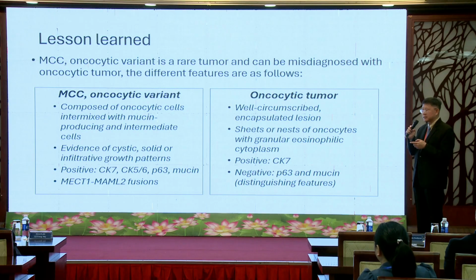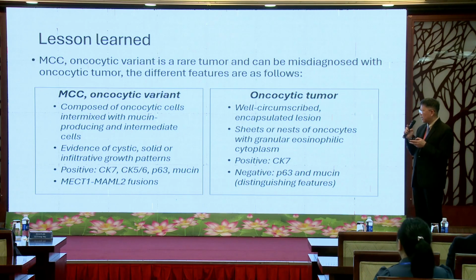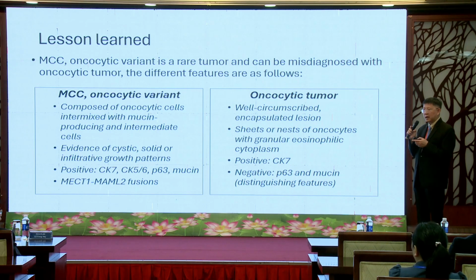So mucoepidermoid carcinoma consists of different cell types: mucous cells, epidermoid cells, and intermediate cells, and the markers will be positive for high molecular weight cytokeratin, such as CK5/6, and also P63.